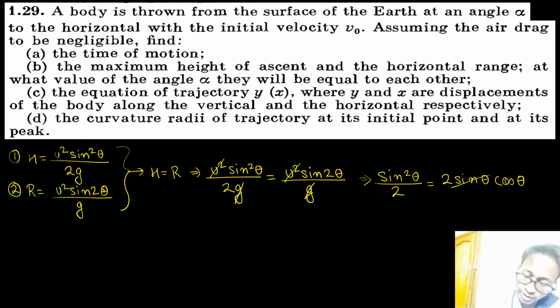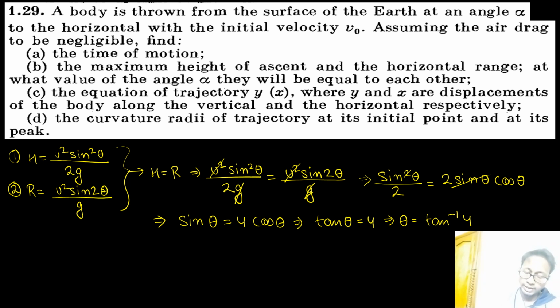So here sine square theta and sine theta would get cancelled. So here sine theta is equal to 4 cos theta, or sine theta by cos theta, which is nothing but tan theta, is equal to 4, or theta is equal to tan inverse 4. So when theta is equal to tan inverse 4, the value of range and the value of height would be equal.